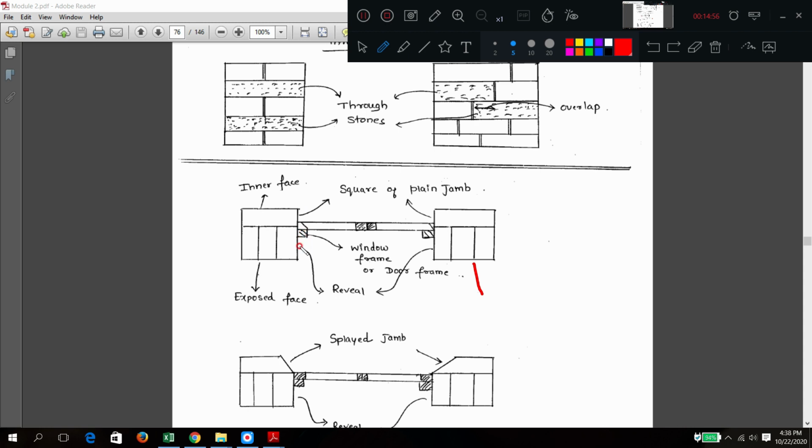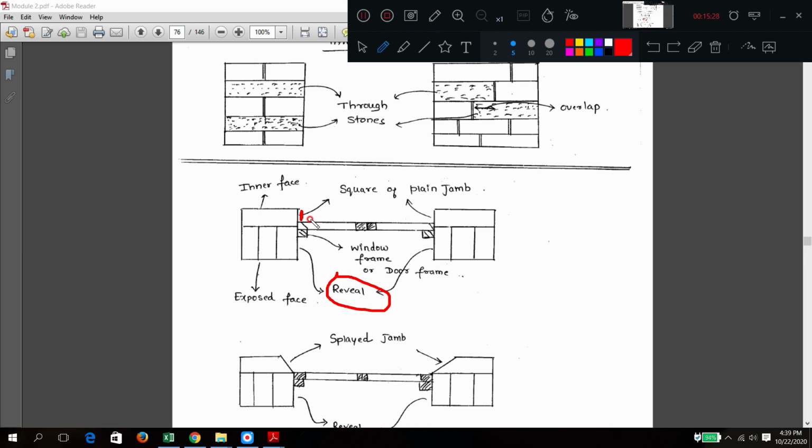So this left out portion of the wall surface is called reveal, in the exposed portion, meaning outside of the door. Inside, that space, the inside of the wall, is called jambs. That's all. Nothing much is there. So outside is called reveals, inside is called jambs, the space left out in the wall after fitting the window frame.